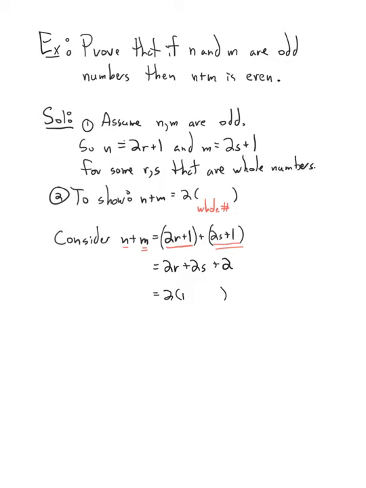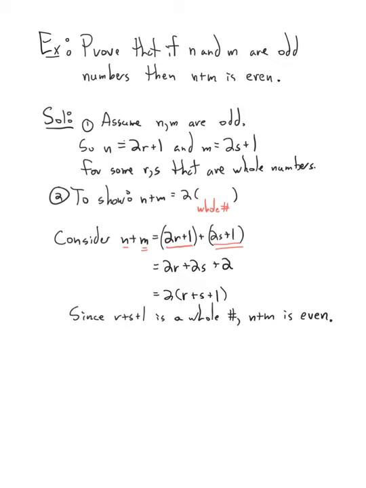If we take it out, we get r plus s plus 1. You can check if you multiply back by 2, you get exactly the line above. And hey, I did it, since r plus s plus 1 is a whole number, n plus m is even, and we're done.